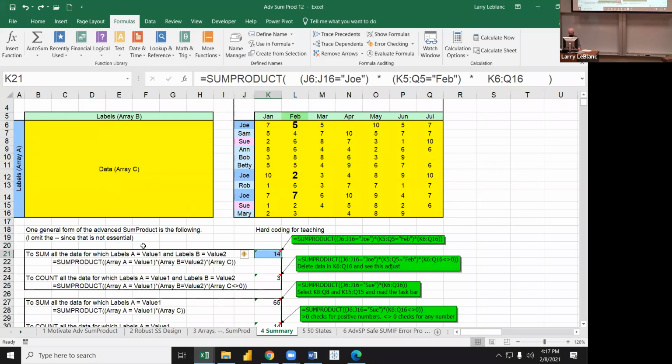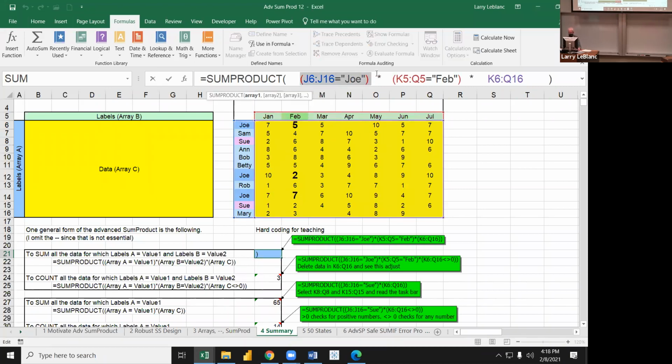One's for the SUMPRODUCT and one's for array A equals value 1 in parentheses, star, parentheses, array B equals value 2, close parentheses, star, array C. For example, Joe's sales in February, the SUMPRODUCT open parentheses, labels equals Joe, star, parentheses, labels equal Feb, star, a rectangular range.